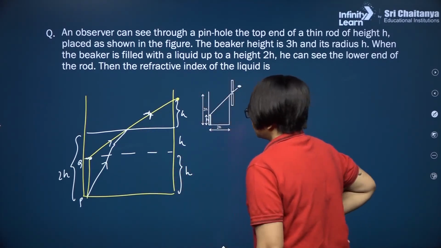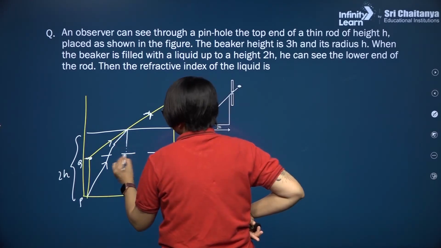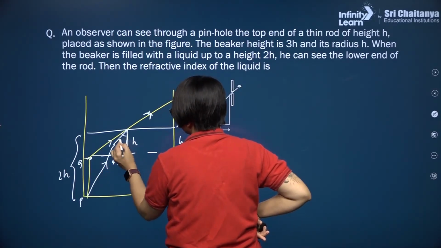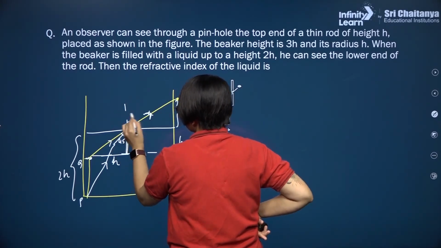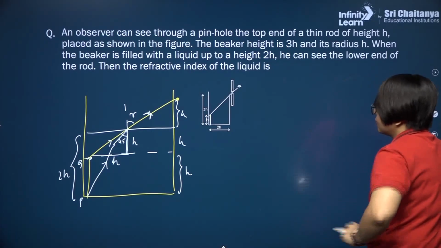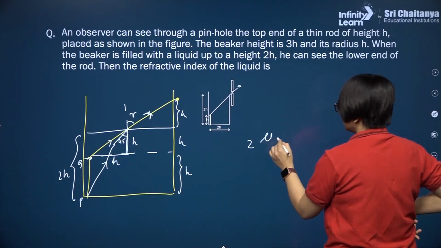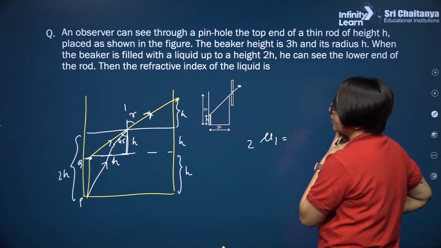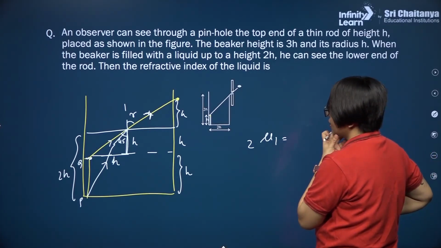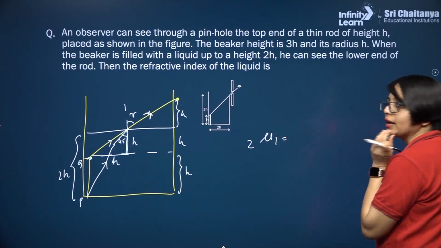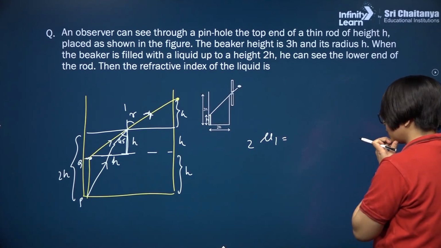Okay. So here if you make this triangle, so in this triangle, this is 45 degree, this is R. So over here, sine I upon sine R is 2 mu 1, that is, mu 1 sine I is equal to mu 2 sine R. That is what we can do over here.